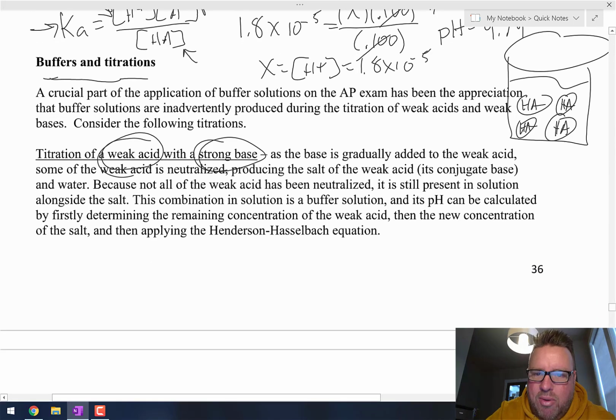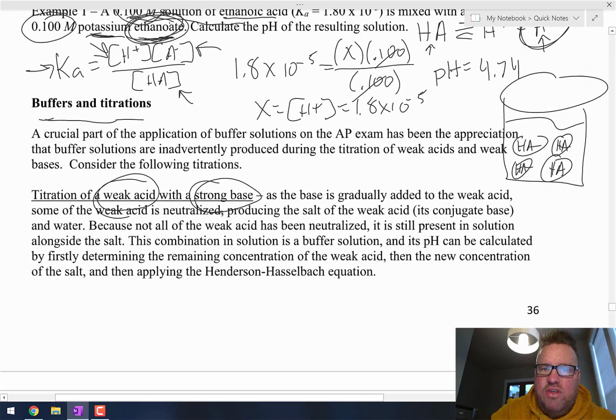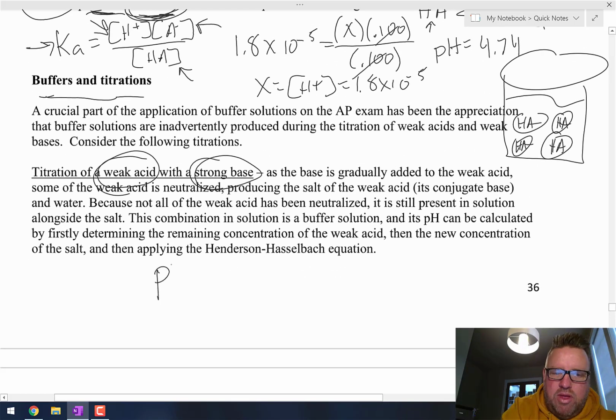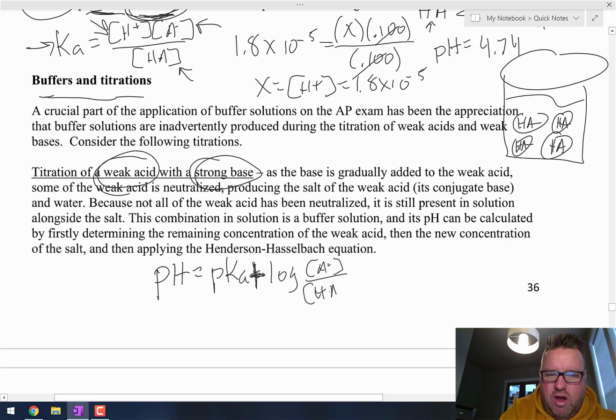Now remember, there's an easier way to do it than the way I just did it, and I did that on purpose. Because remember that when you have a buffer solution, you have the Henderson-Hasselbalch equation. Whatever the concentration of the conjugate base is, we could have used that in that previous problem.